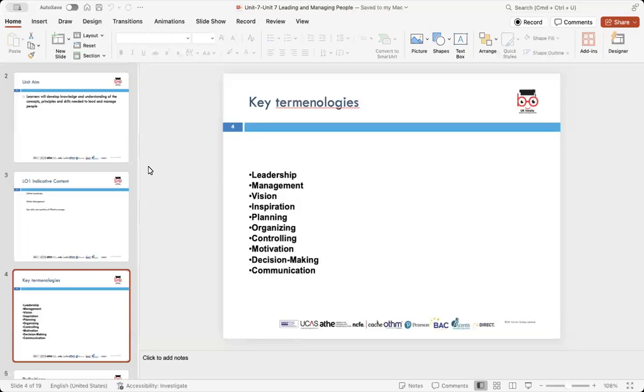Organizing involves arranging resources, tasks, and people in a way that helps achieve the set goals efficiently. Controlling refers to monitoring progress, measuring performance, and making adjustments to keep the team on track towards achieving its goals.